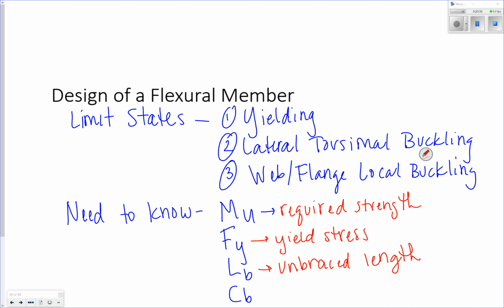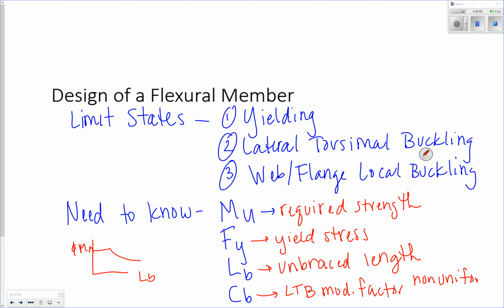That was that chart. And then my modification factor for lateral torsional buckling for non-uniform moment along the length.